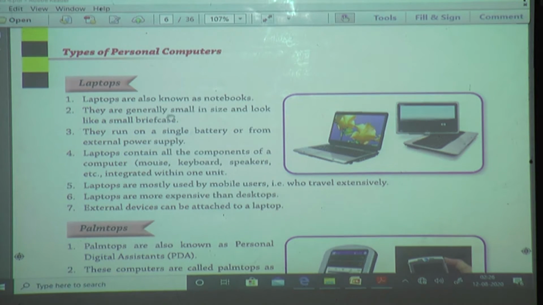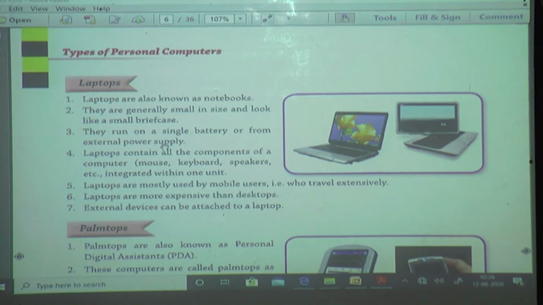A laptop is generally small in size as compared to a desktop computer and looks like a small briefcase, right? Laptops run on a single battery or from an external power supply.